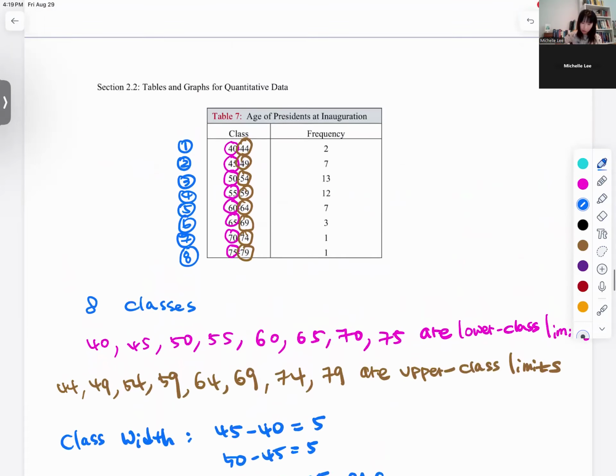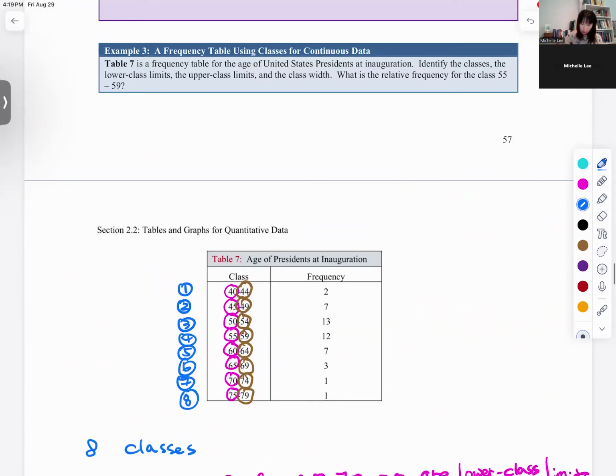How about the other question? What was it? What is the relative frequency for the class 55 to 59? So 55 to 59 is this one, right? The frequency is 12. We know the sum of the frequencies already, right?